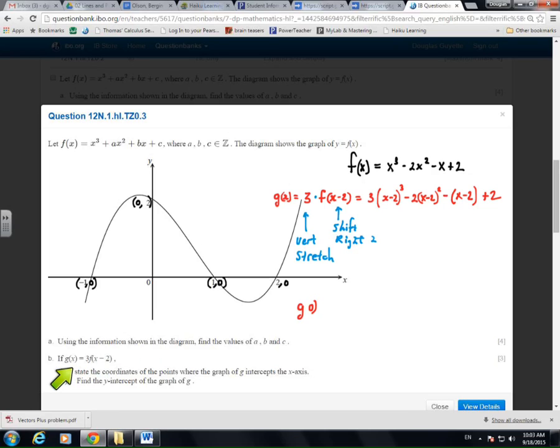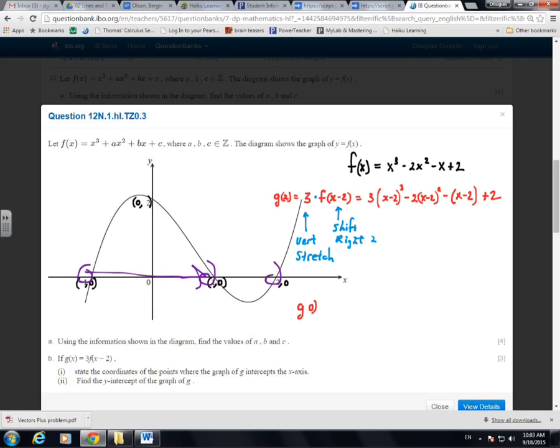What we were asked to do is to state the coordinates of the points where the graph of g intercepts the x-axis. I think intersects the x-axis is a better phrase, but anyway, since the function is shifted to the right 2, all of these x-intercepts are going to be shifted to the right 2.